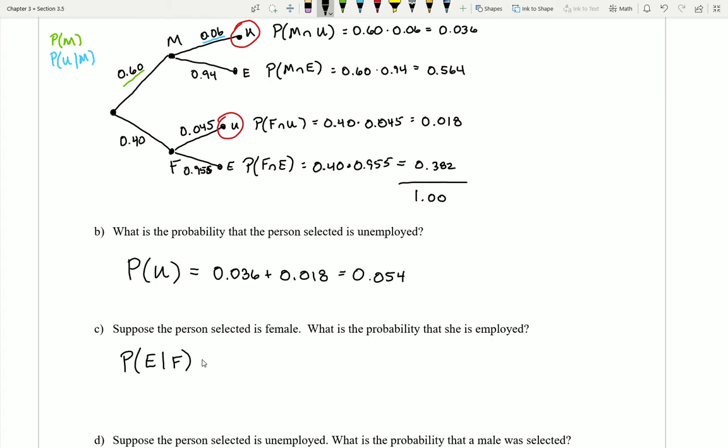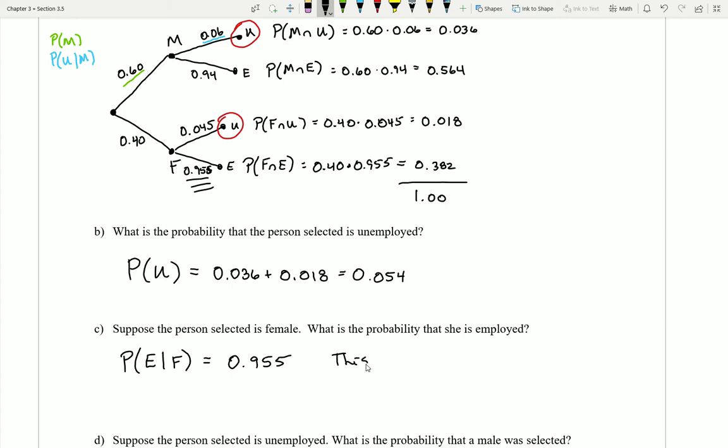So this question is actually so simple that I don't really have to do hardly any calculations at all, because notice that it's already kind of in the picture. If I walk down the female branch at the start, what are the chances I end up at employed? Well, I can see that value is sitting right here. So this is 0.955.